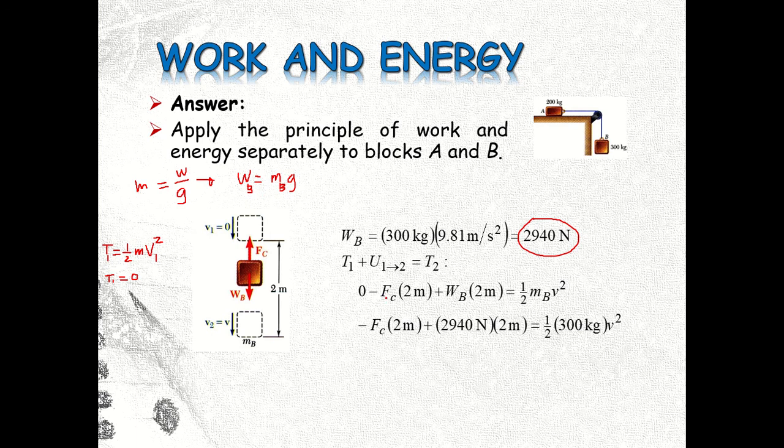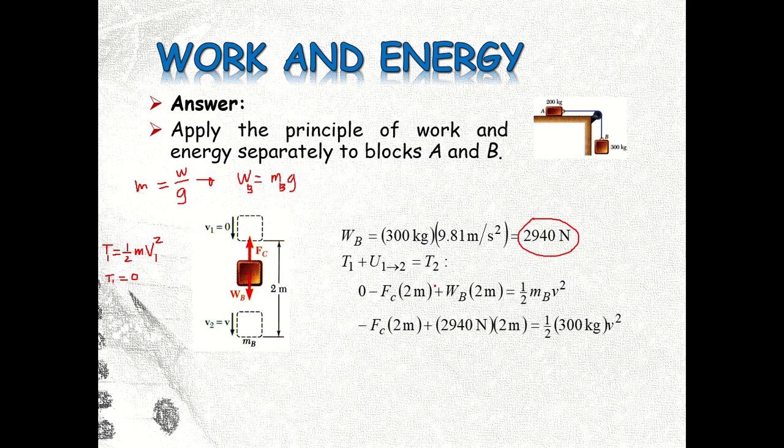Then, assuming this negative going positive, or it can be positive and this is negative, the same result will happen, class. Okay, so minus Fc, because the work is just the product of the displacement and also the force.